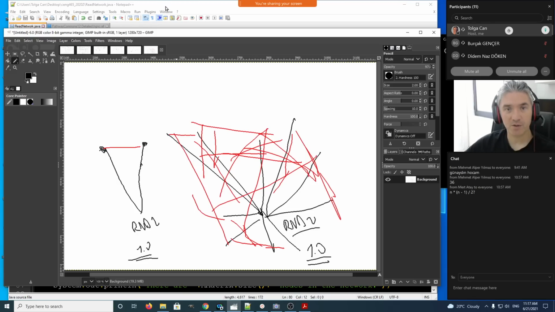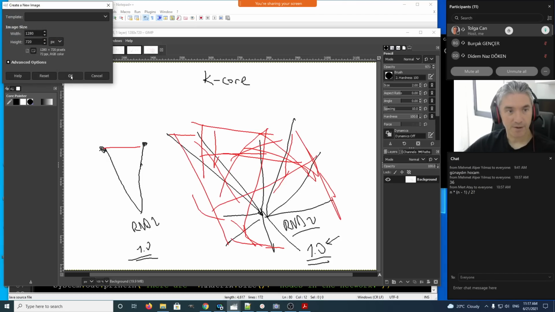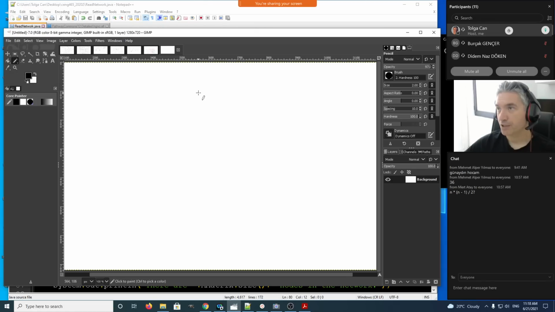But the authors of MCODE used something else. In addition to the clustering coefficient, they used a concept called K-core. K-core is not specific to a node. The idea of K-core is this: it's a more generic version of what a clique is.